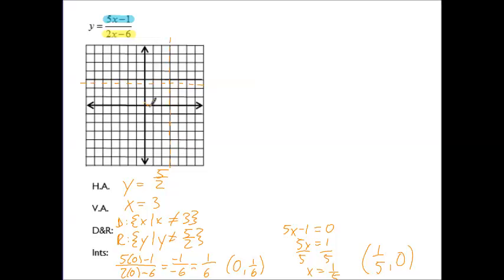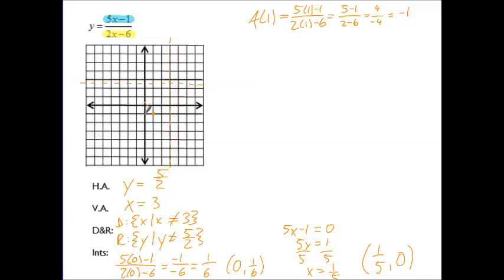Let's start with finding f of 1. That is going to be equal to 5 times 1 minus 1 over 2 times 1 minus 6. 5 minus 1 over 2 minus 6 is 4 over negative 4, in other words, negative 1. So at positive 1, we have a y-coordinate of negative 1. Let's also find a couple which are on the other side of our vertical asymptote.